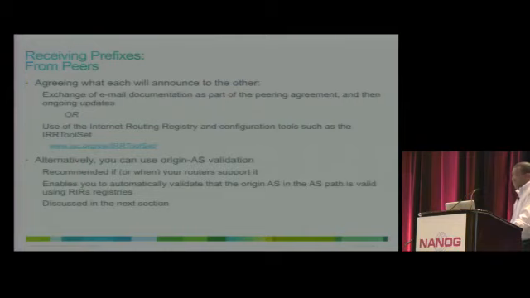So when you get into an agreement, you can exchange emails and document them. You can also check the registry to see if those addresses have been assigned to that ISP or to its customers. You can also use a new mechanism, origin AS validation, which we'll discuss later on.